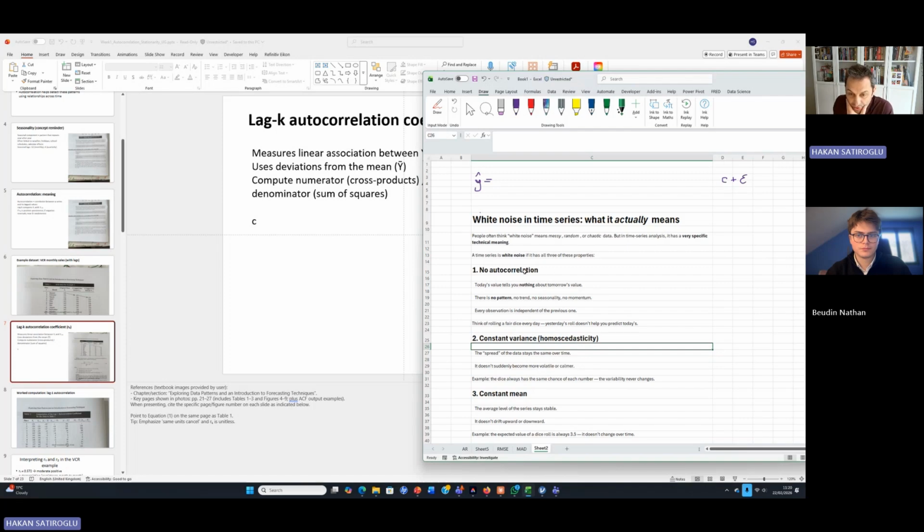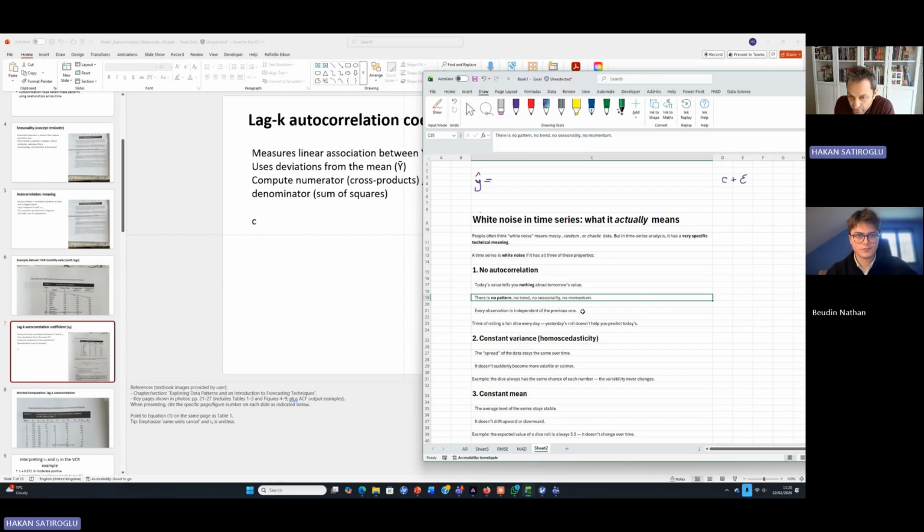The autocorrelation we checked earlier is actually the autocorrelation we check. Today's value tells you nothing about tomorrow's value. It means no autocorrelation: no pattern, no trend, no seasonality, no momentum. Every observation is independent of the previous one.